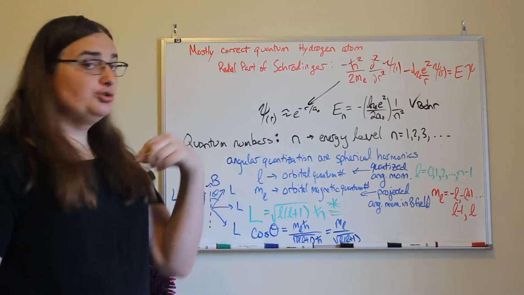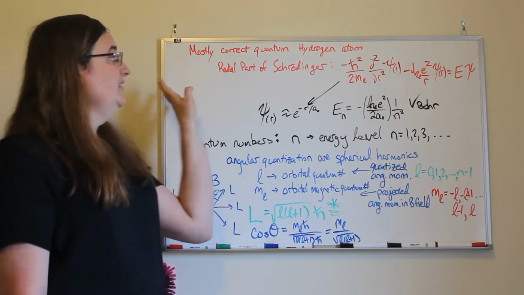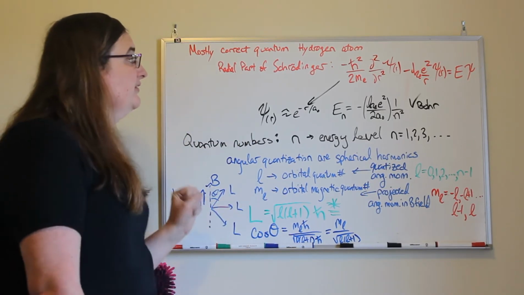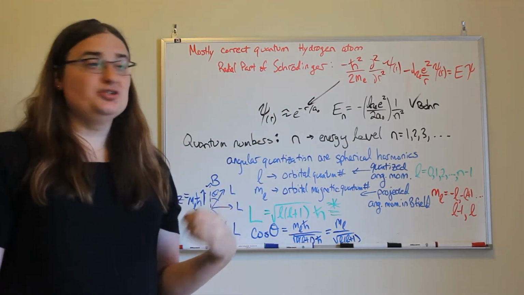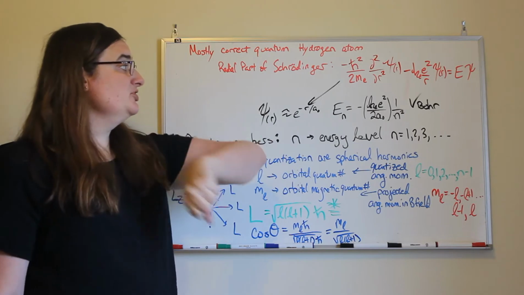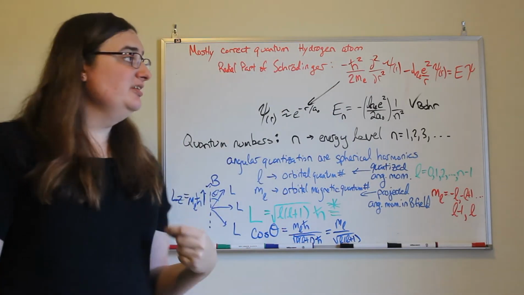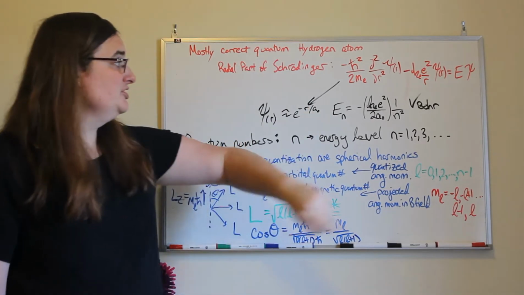So, to treat the hydrogen atom more properly, we would need to apply the Schrodinger equation. And for the radial part of the Schrodinger equation, we would have a similar form to the one-dimensional square well: minus h bar squared over 2m, times the second derivative of our wave function, and then we would add our potential energy times our wave function.